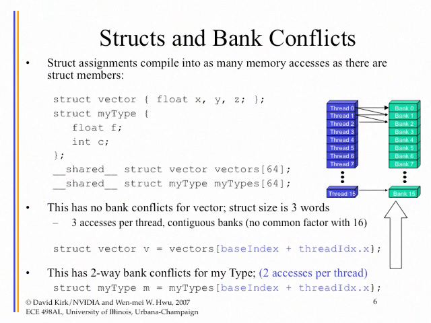Because 3 is an odd number, by the time you wrap around, when you reach bank 15 and add 3, you go to bank 16, which wraps back to bank 1 rather than bank 0. So if you work out all the access patterns, you're going to see 0, 3, 6, 9, 12, 15.